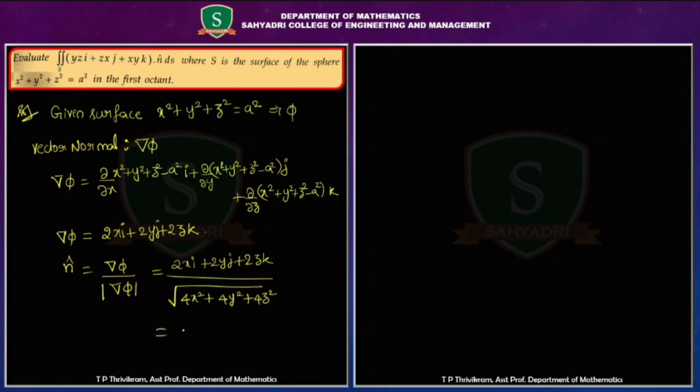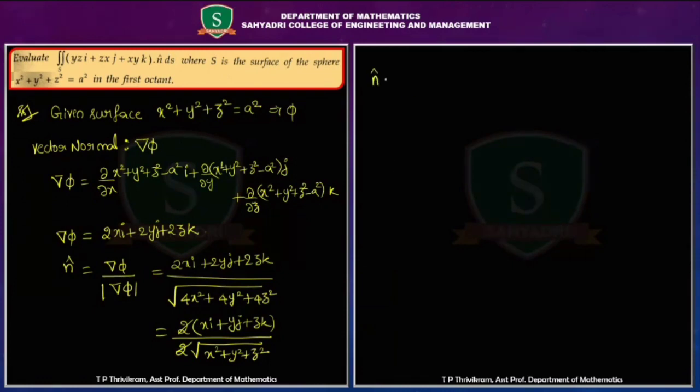This can be rewritten as 2 into (x i plus y j plus z k) divided by, taking 4 common, 2 root of x square plus y square plus z square. So these two get cancelled.